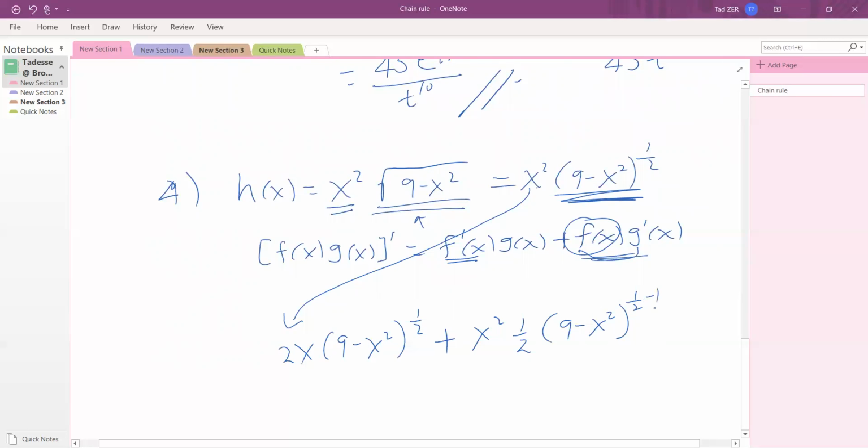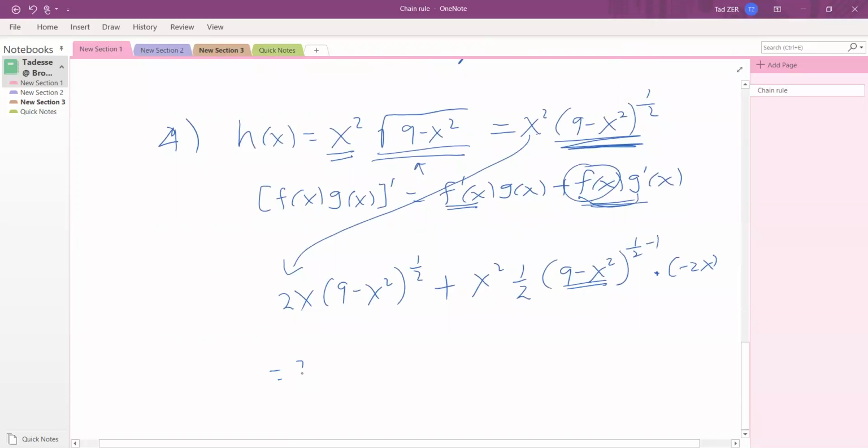1/2 times 9 minus x squared to the power of half minus 1, right? Times the derivative of the inside. What is the derivative of the inside? Negative 2x. So if you want to simplify this, this is 2x times 9 minus x squared to the power of half, plus, I have minus 2x here. You see here, I have a 2 here, so the 2 cancels out.